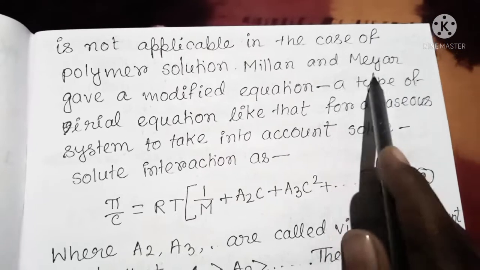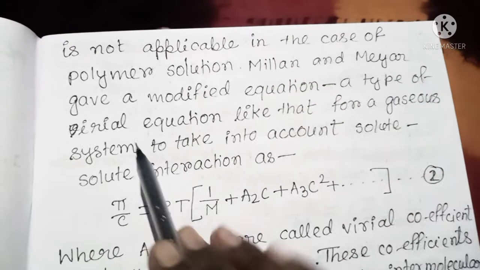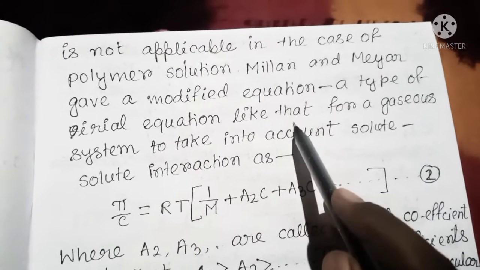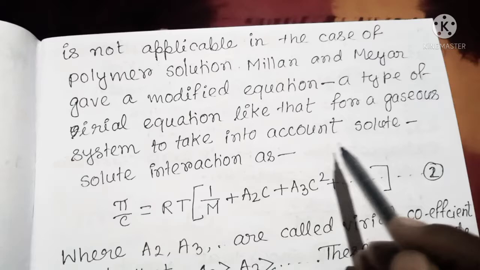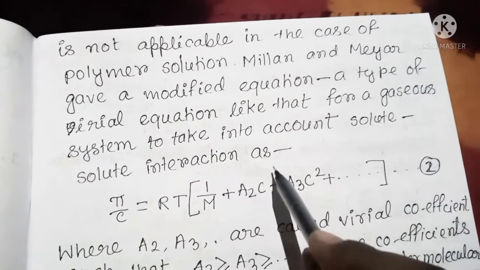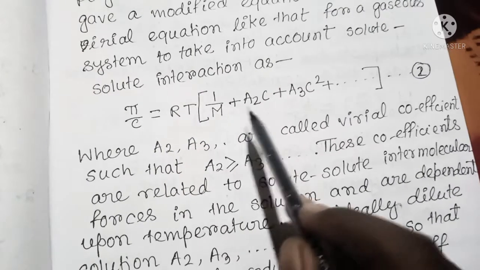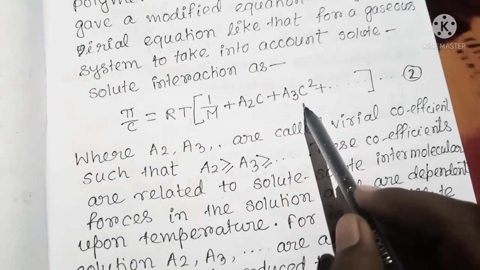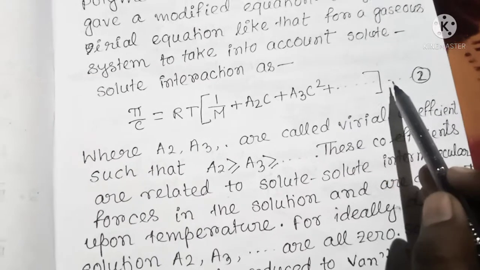Milan and Mayer gave a modified equation, a type of virial equation like that for a gaseous system, to take into account solute-solute interaction: pi by C equal to RT into (1 by M plus A2C plus A3C square plus ...) and so on.